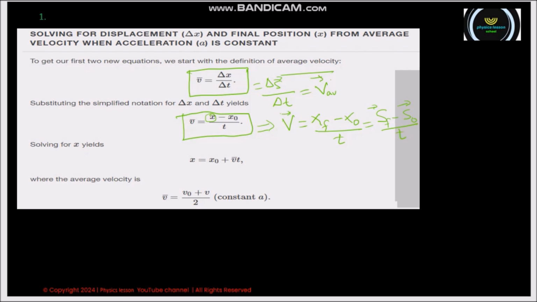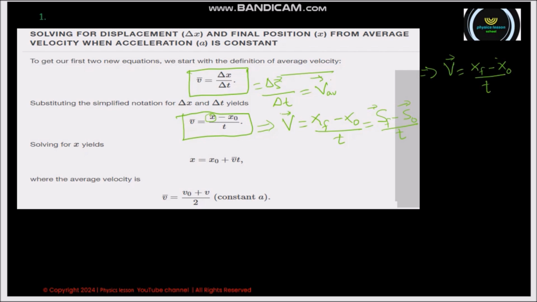From this equation we can find x, the final displacement. This implies V average is equal to the final displacement minus the initial displacement over time.